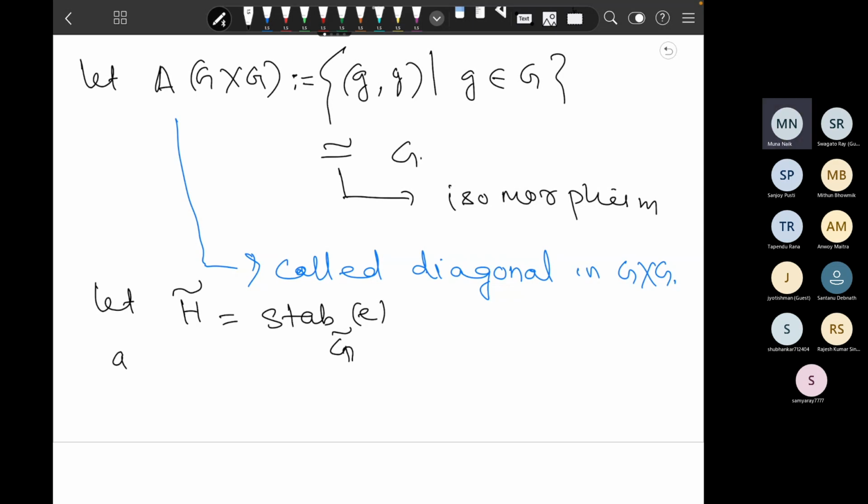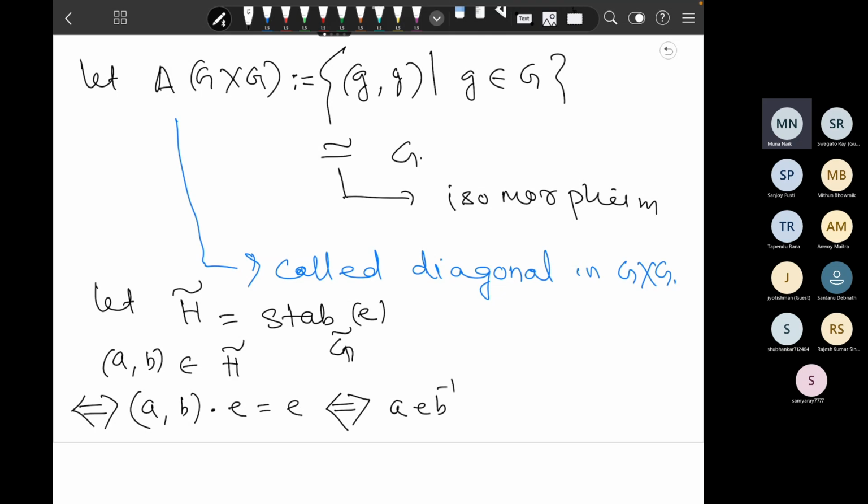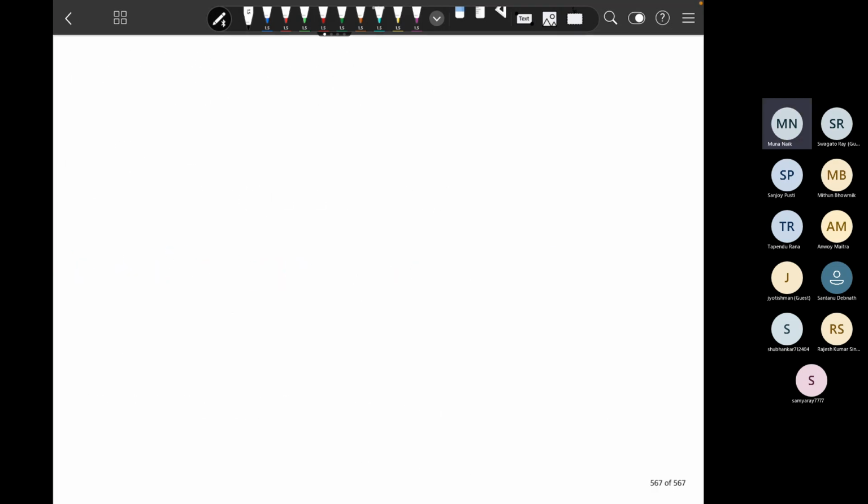So if (A, B) belongs to H tilde, that is equivalent to the fact that (A, B) dot E is equal to E. This is equivalent to the fact that A E B inverse is equal to E, and therefore you will get A is equal to B. So if (A, B) belongs to H tilde, then A has to be B. Therefore H tilde, what is H tilde? H tilde is equal to the diagonal, delta of G cross G.